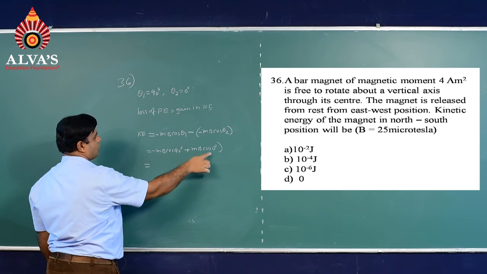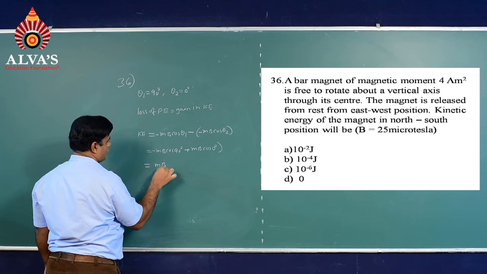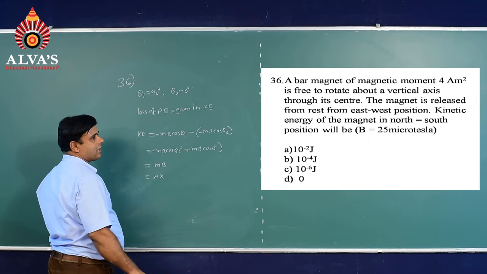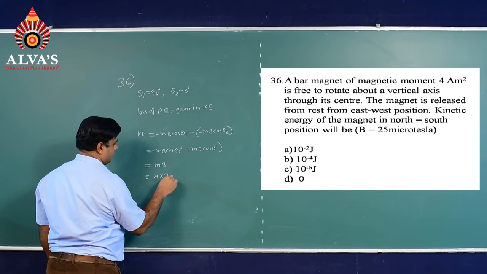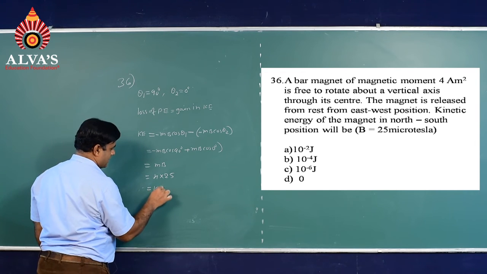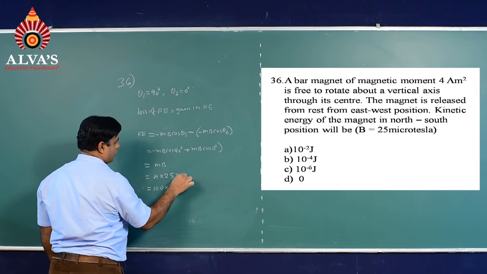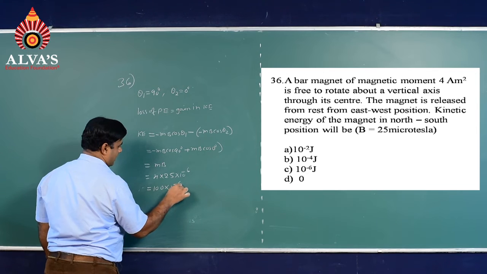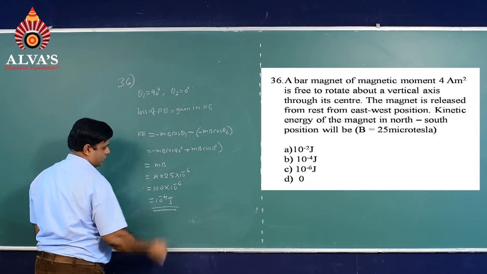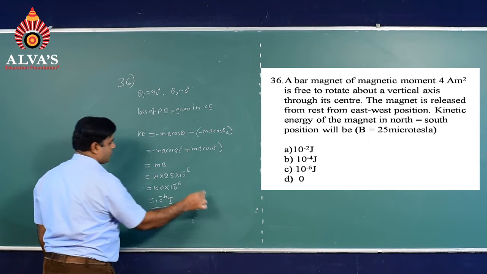This is 0, cos 0 is 1, so mB. m equals 4, B equals 25 micro, 25 into 4 is 100, times 10 to the power minus 6, which is equal to 10 to the power minus 4 joule. So, the answer should be B.